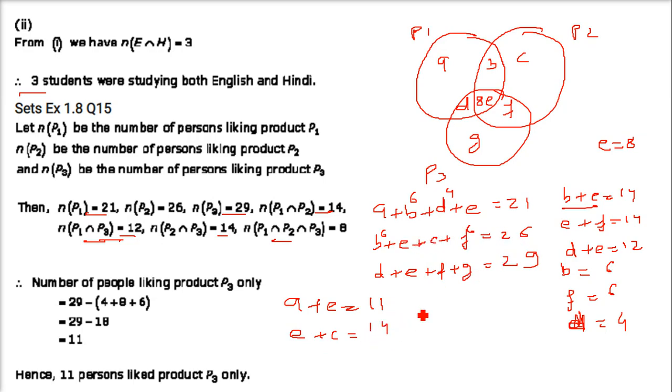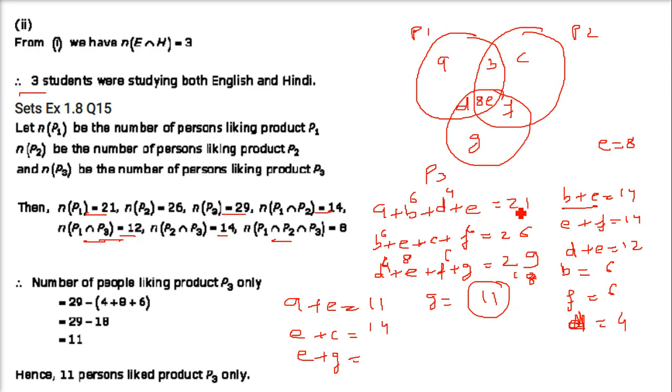Here D is 4, E is 8, and F we know is 6. So D plus E plus F is 4 plus 8 plus 6, which is 18. So G will be 29 minus 18, which is 11.